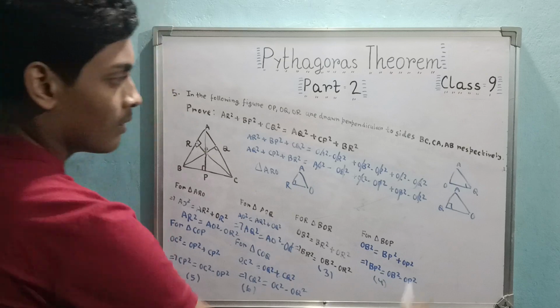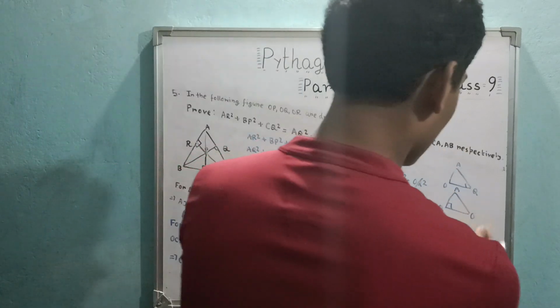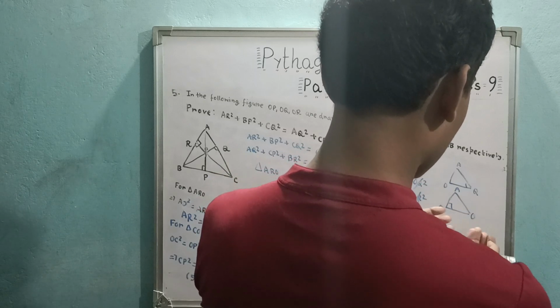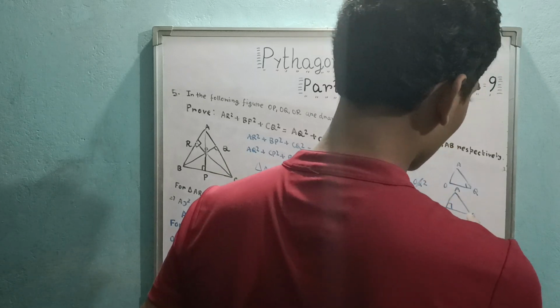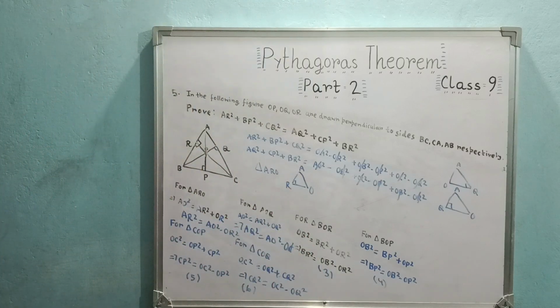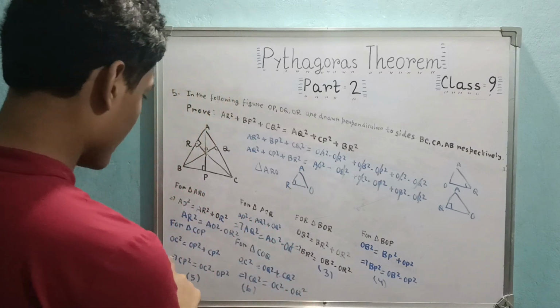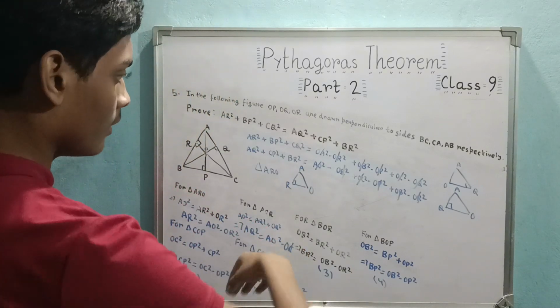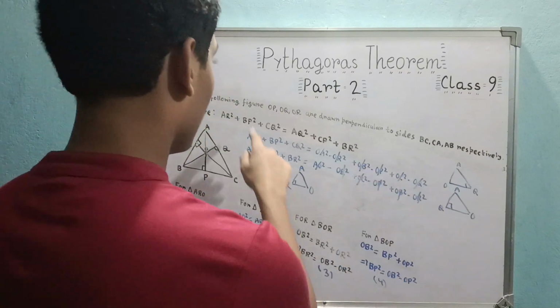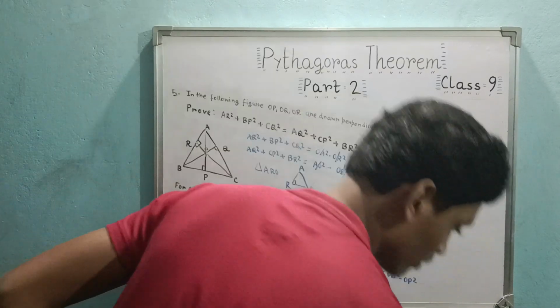See for AOQ here, the right angle was given here. So if I just rotate it, this one becomes opposite. Then AO square equals AQ square plus OQ square. So keep these little things in mind. And then you can frame the equation by adding the first 3 and then equal to the last 3. That's the answer of this question.